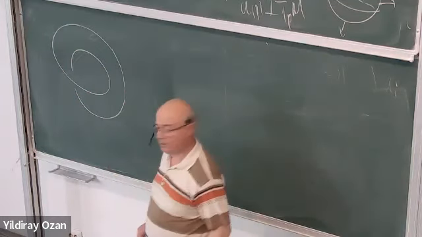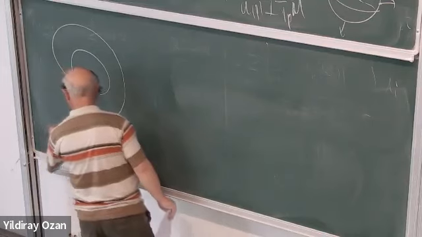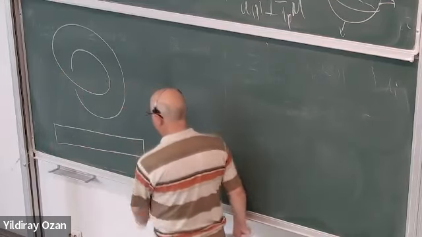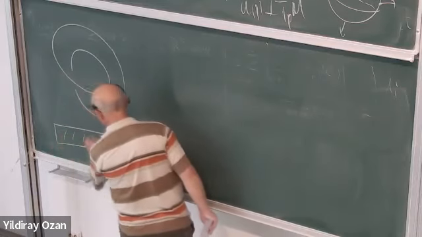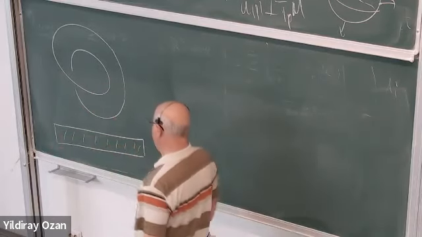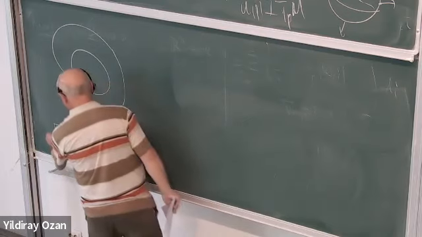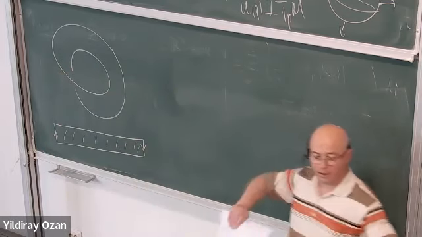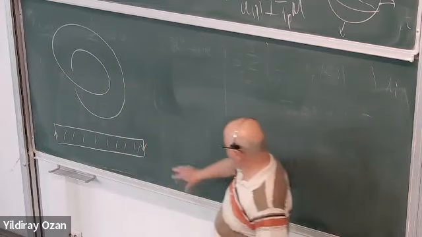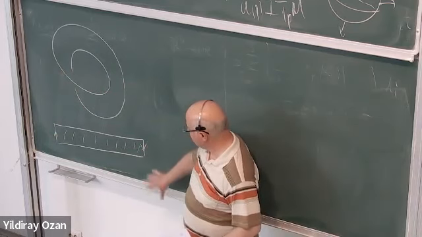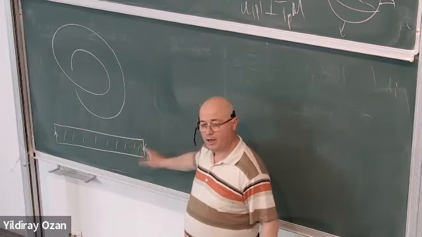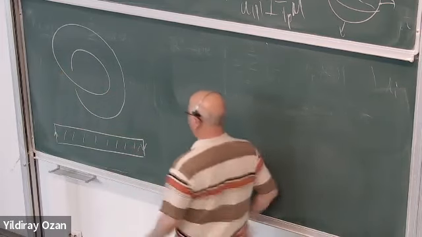Take a piece of paper like this, a rectangular paper, and then just glue back these two edges as shown by this arrow. So you make a twist and then glue back to the other end.